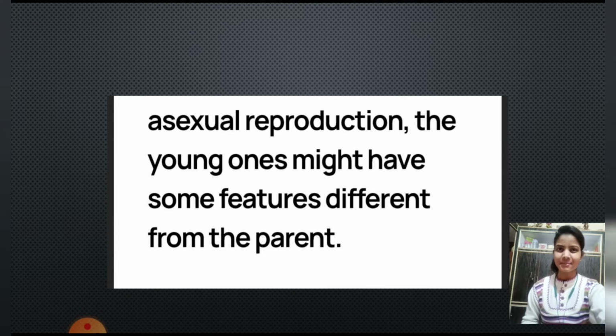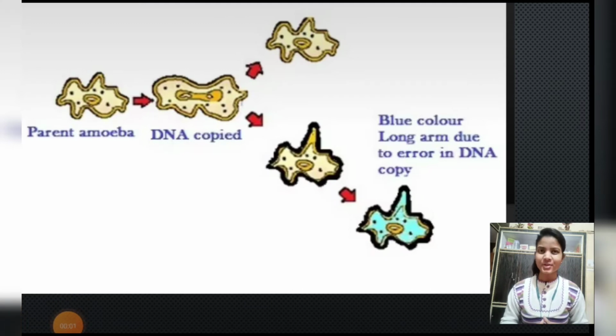For example, during reproduction in amoeba, the daughter cells may have a long arm, that is pseudopodium, due to error in copying of DNA. But in sexual reproduction, variations are seen. These variations are inherited and accumulated over time.